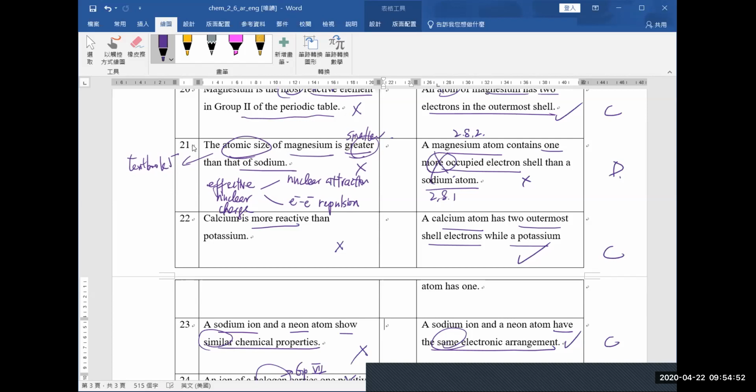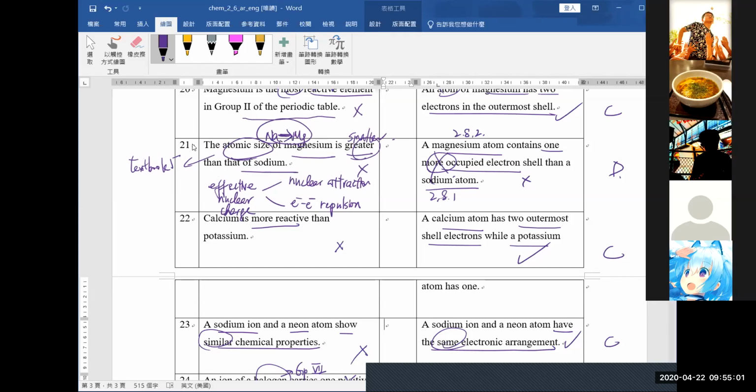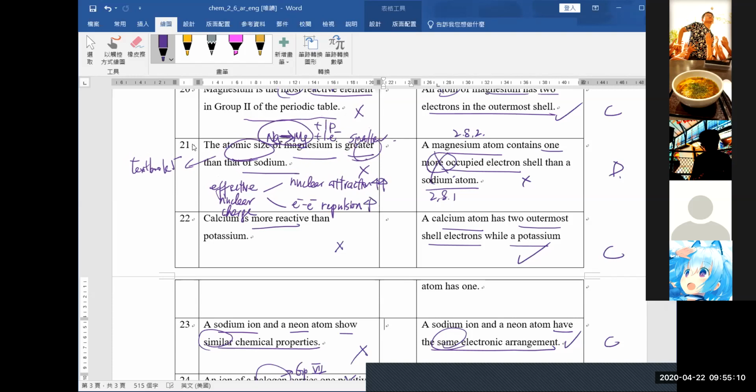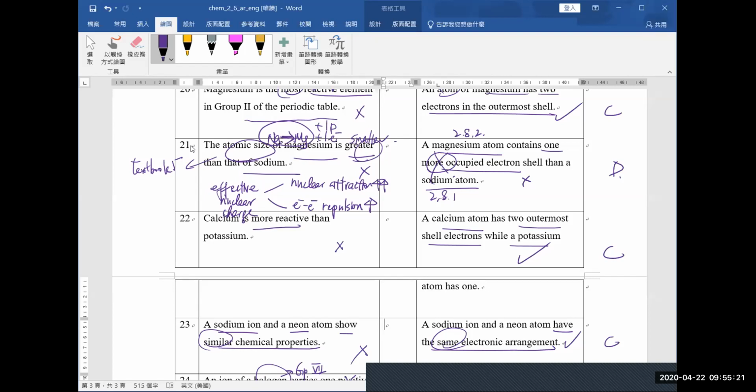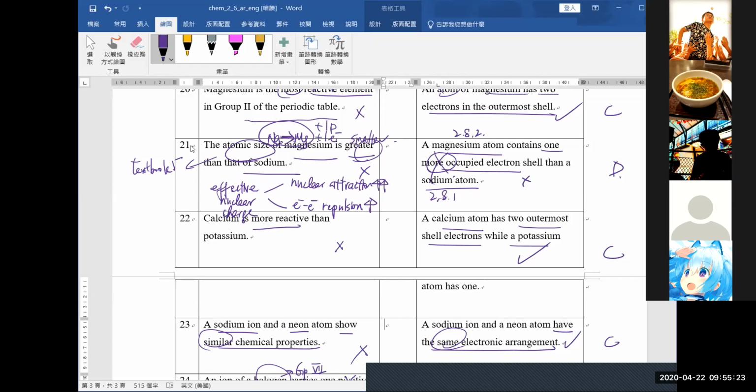So when you come from sodium to magnesium, in this direction, we add one more proton and one more electron. Of course, they will both contribute to the nuclear attraction and the electron repulsion. But the extent of increase is different, which makes magnesium have a stronger net nuclear attraction.